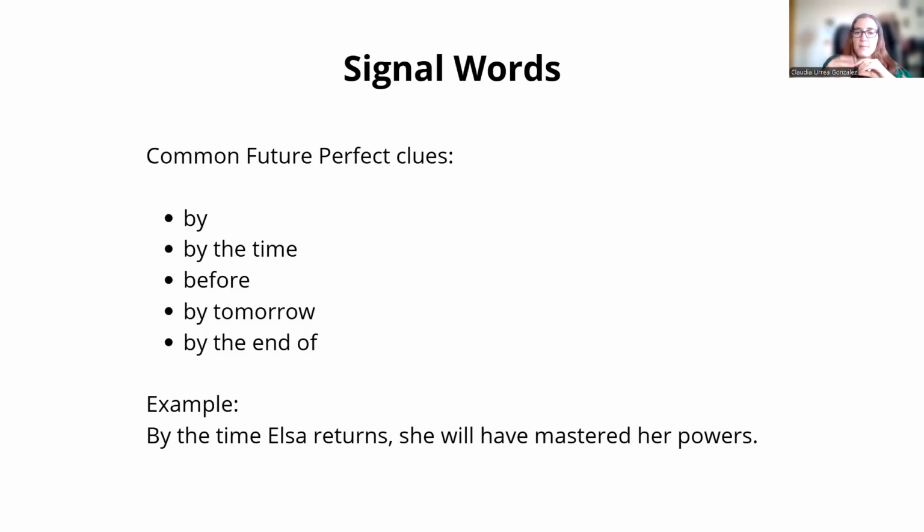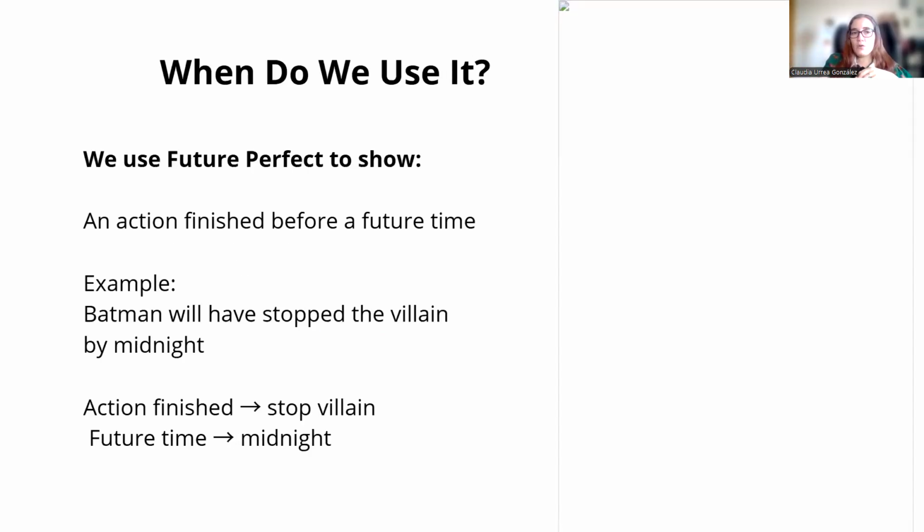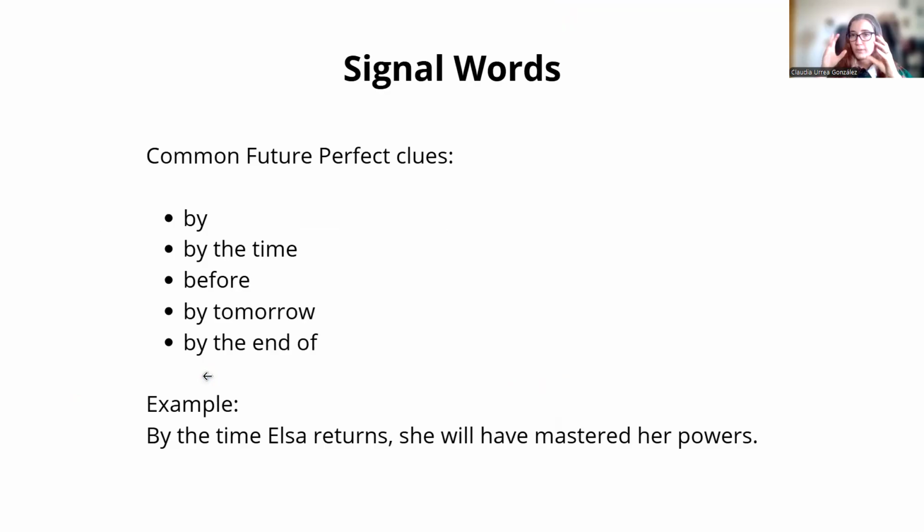Okay, by the time Elsa returns, she will have mastered her powers. And look at this. Batman will have stopped the villain by midnight. We have by. So to help you to use this future perfect tense, you're going to use these signal words, okay?